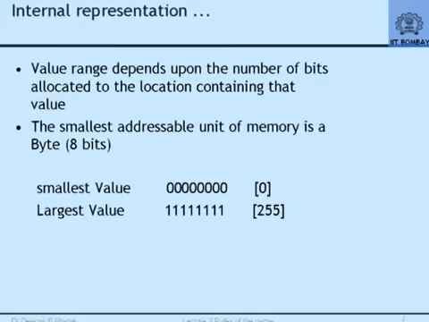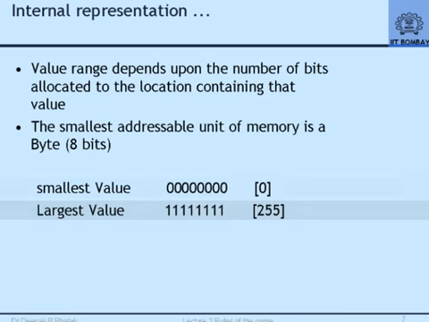Now, we come back to a little closer inspection of binary representation insofar as numerical values are concerned. The value that can range within a location will depend upon the number of bits that you have in that location, we already observed that. The smallest unit of number of bits of a location is called a byte, and the byte consists of 8 bits. 8 bits can store values from 0000 0000 to 1111 1111.